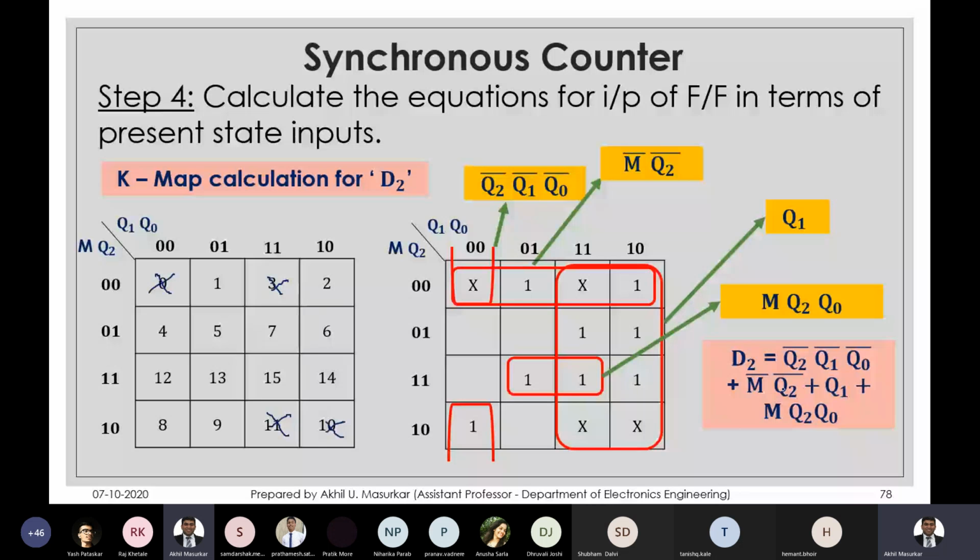Come on, now you solve for D1. And similarly for D0. So we'll again copy only the second K map, not the first one.